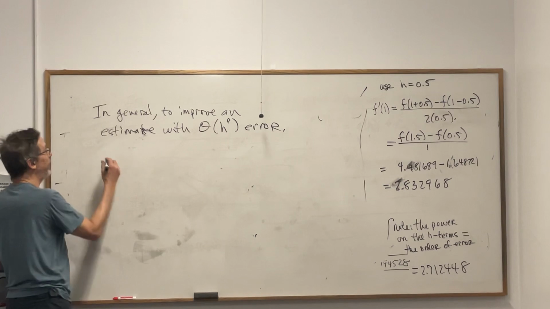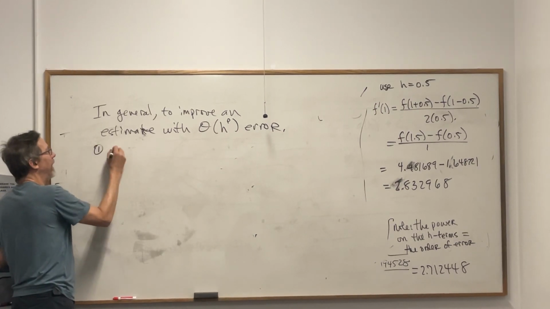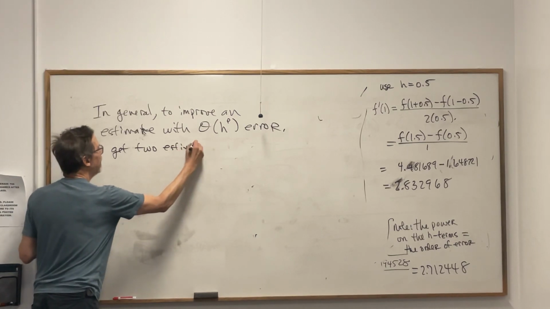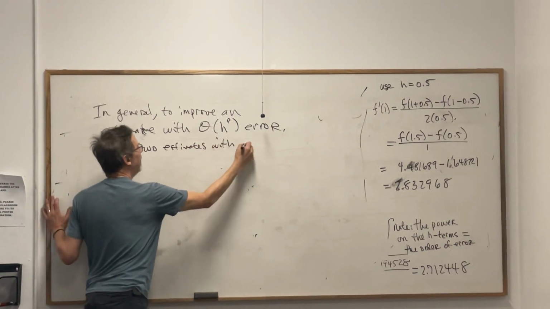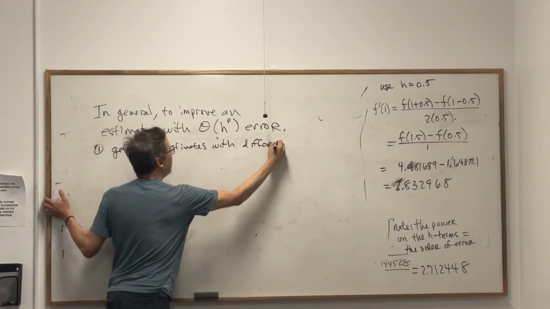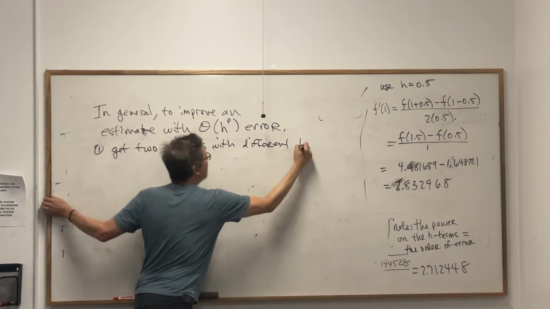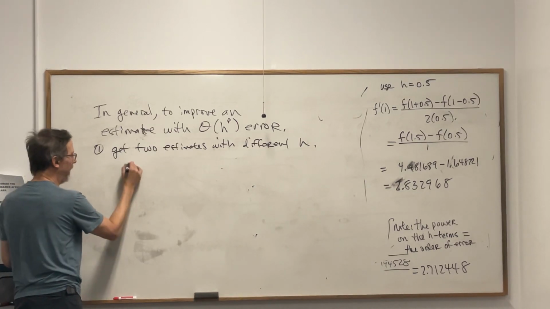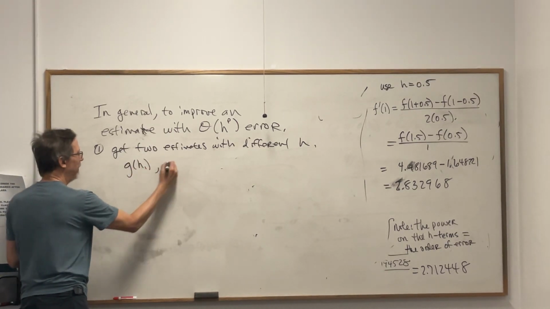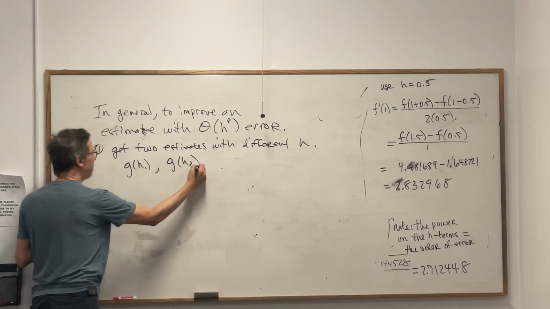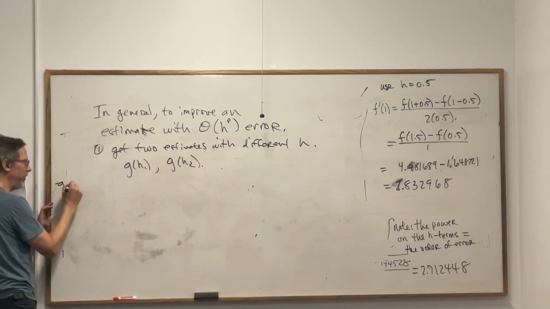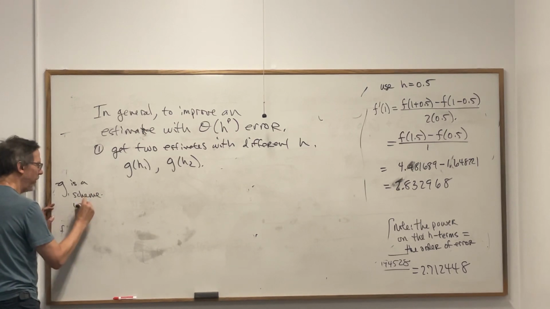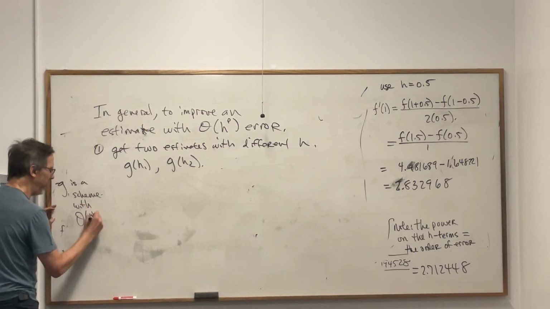To do this, get two estimates with different step sizes. And so we'll call that G of H1, G of H2. And this little g is a scheme, a formula with big O, h to the p error.